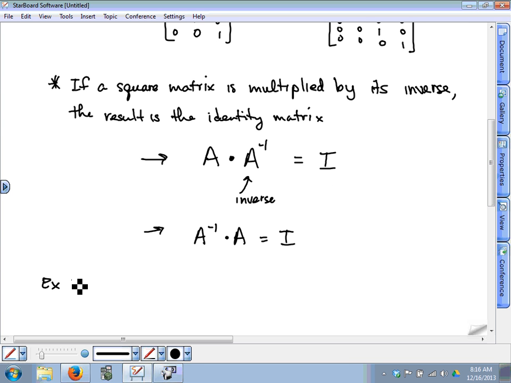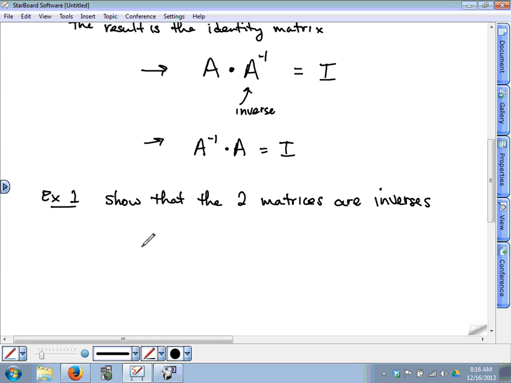So example 1, show that the two matrices are inverses. So here's a matrix.